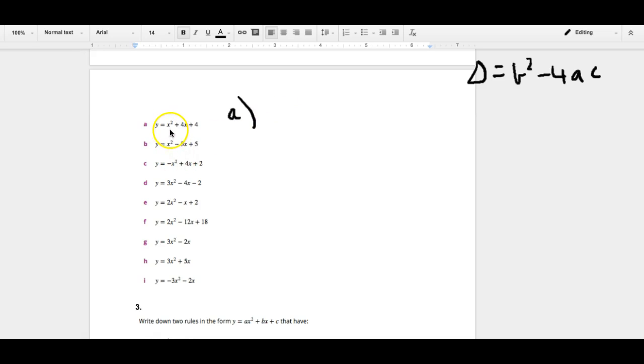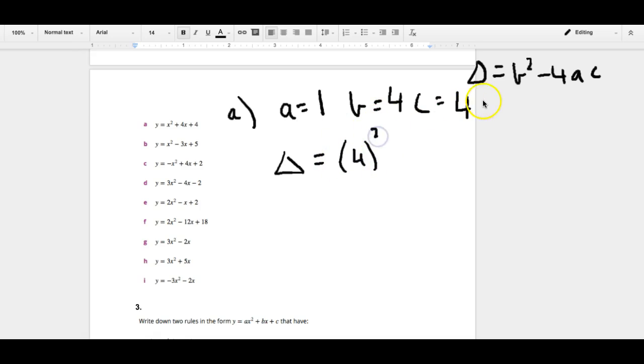It's a good idea to identify your value of A, your value of B, and your value of C, because then all you're doing is substituting the values into your discriminant. Your A is the number in front of x squared, and if there's nothing there, it's the number 1. B is the coefficient of x, which is 4, and C is your constant, which in this case is also 4. So your discriminant is equal to b squared, and if you square anything, always try to put it in brackets, just because if you get a negative, you don't want to make any mistakes.